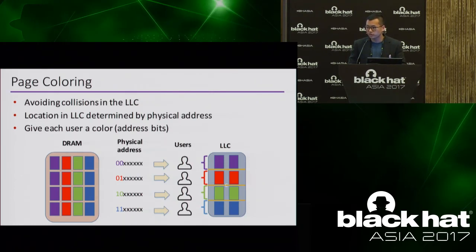Now, if the operating system can carefully select physical page addresses in such a way that it can isolate the protected process from the unprotected process, what I mean by that is you can assign physical page addresses to the protected process such that all its pages map to a certain cache set.